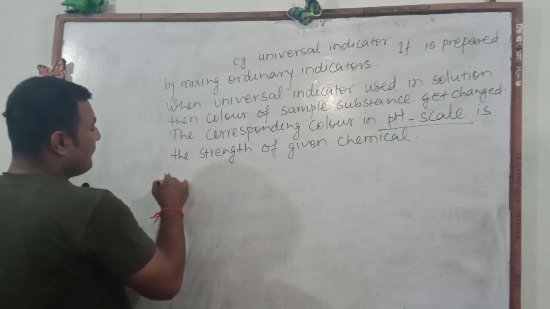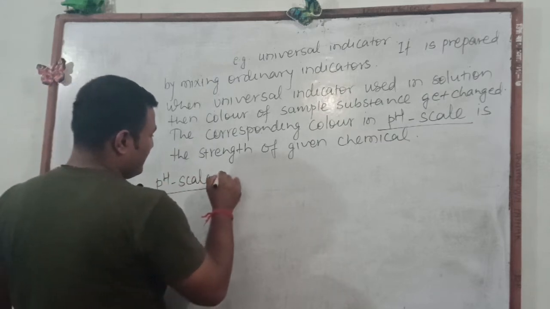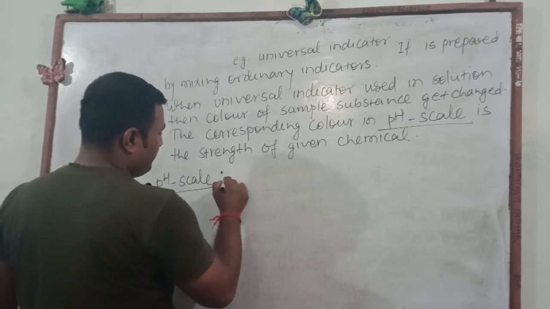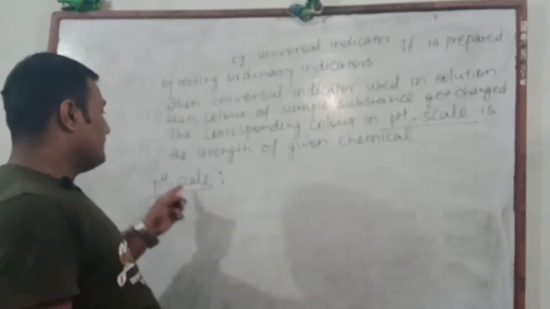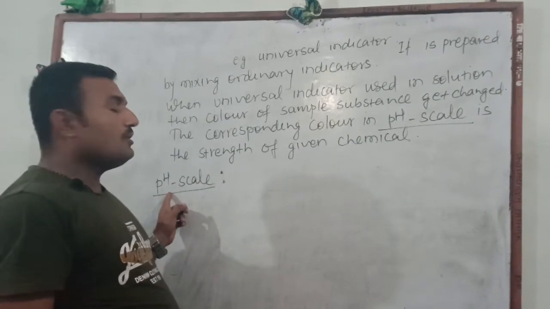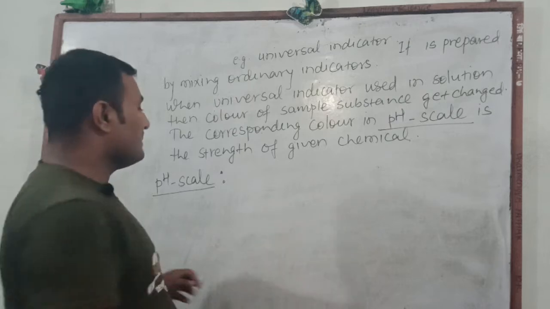And we can define the pH scale as an instrument that helps to measure the potentiality of hydrogen in a given chemical.